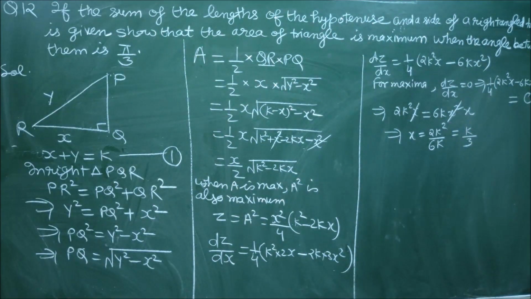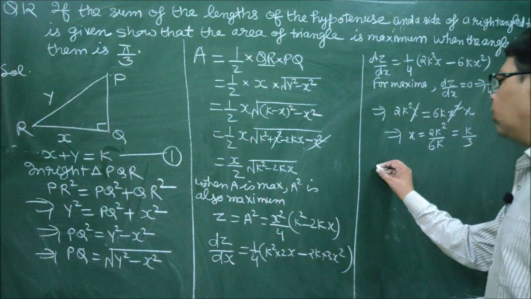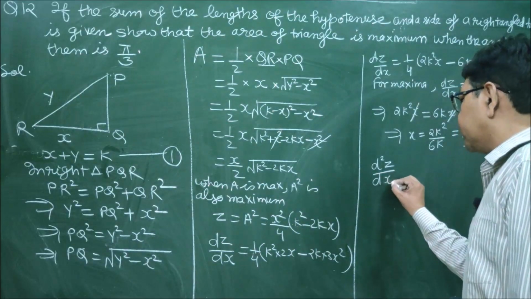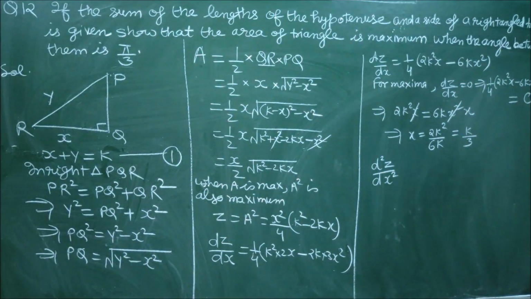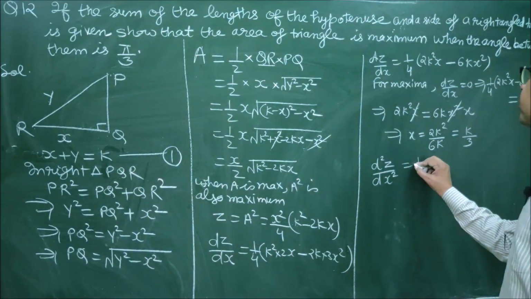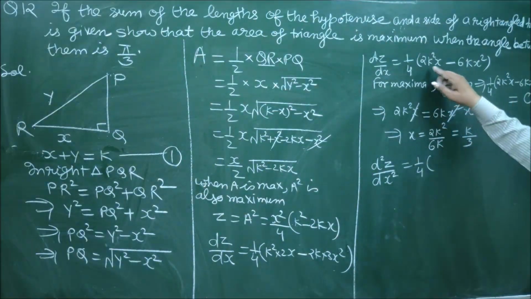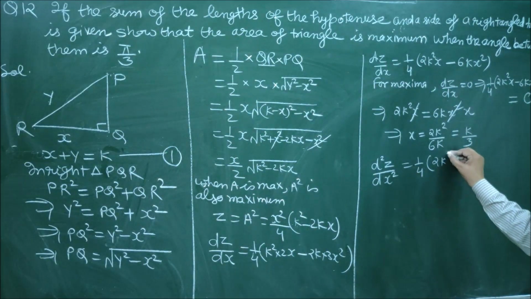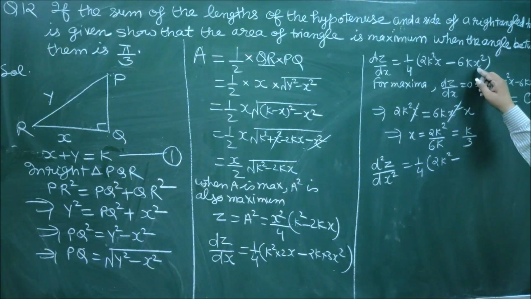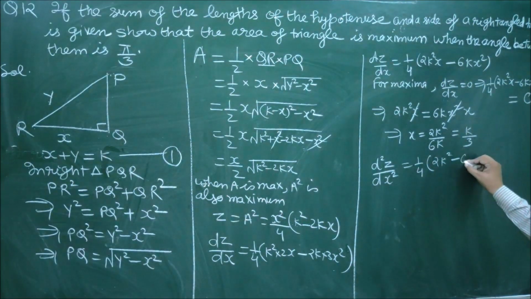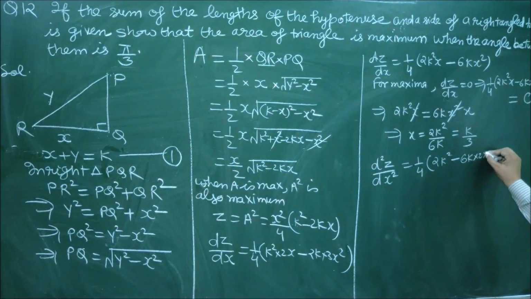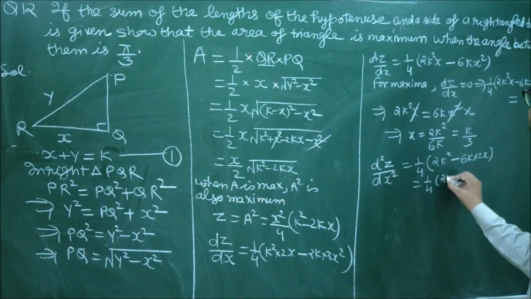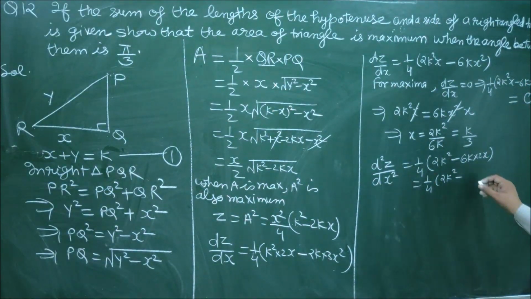Now for maxima or minima, we check the value of the second derivative, d square z over dx square. If we differentiate this with respect to x, this is equal to 1 by 4 into 2k square minus 6k into 2x, that is 1 by 4 into 2k square minus 12kx.